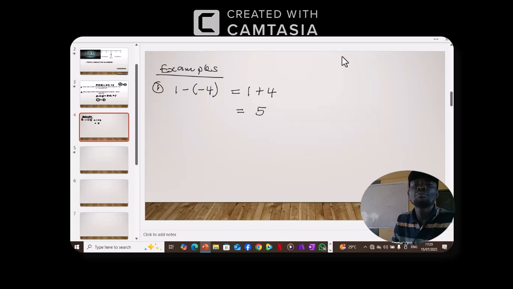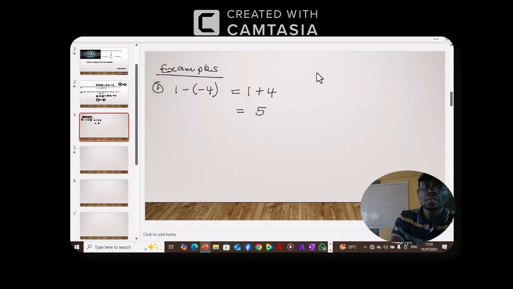Very simple. So say 1 minus minus 4. Because we have minus next to minus, it will become plus. Minus next to minus will give you plus. The 1 plus 4 will now be 5.